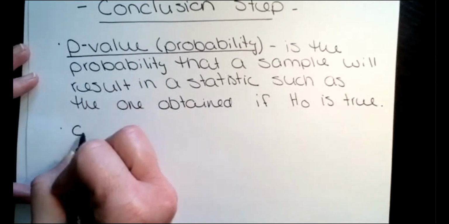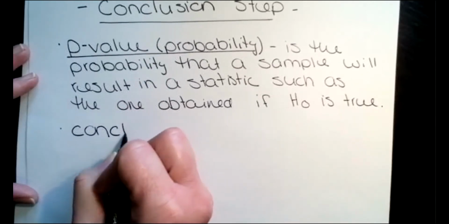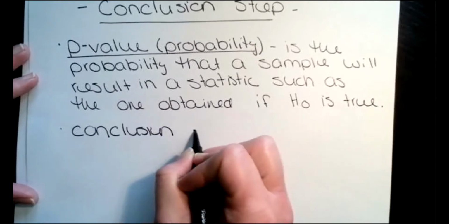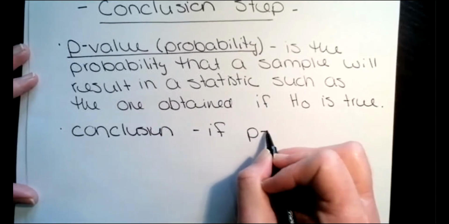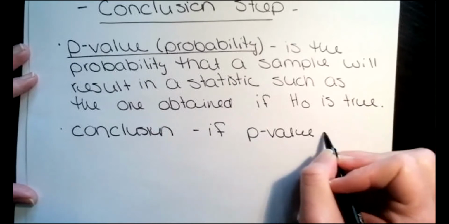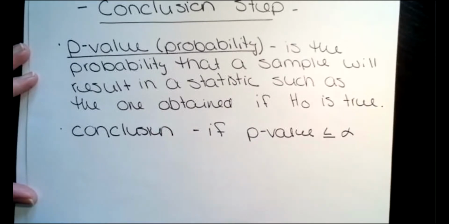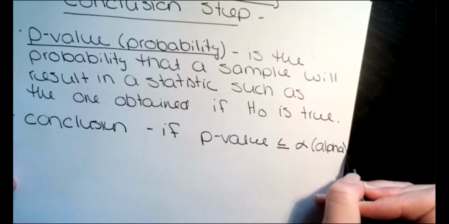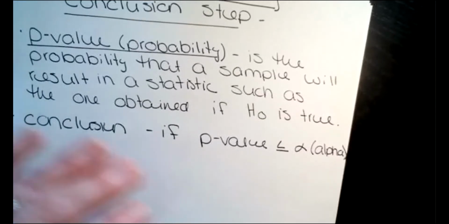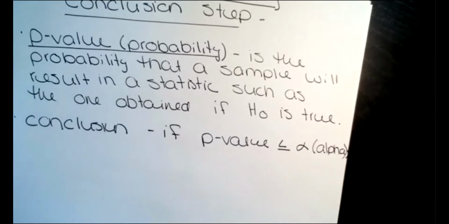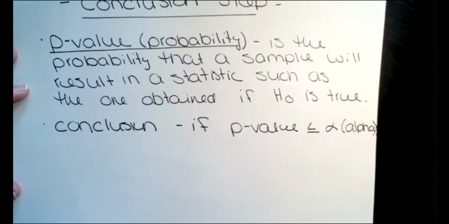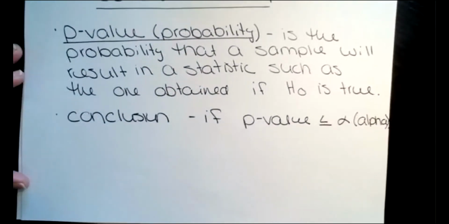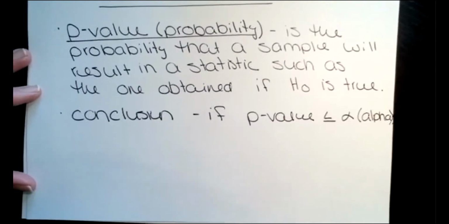So here for my conclusion, if my p-value is less than or equal to my alpha, remember alpha was that level of significance that we picked out in the beginning. So way back in the second step or method step.